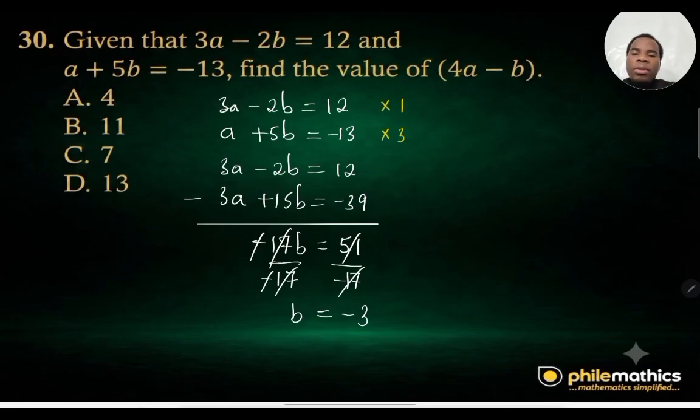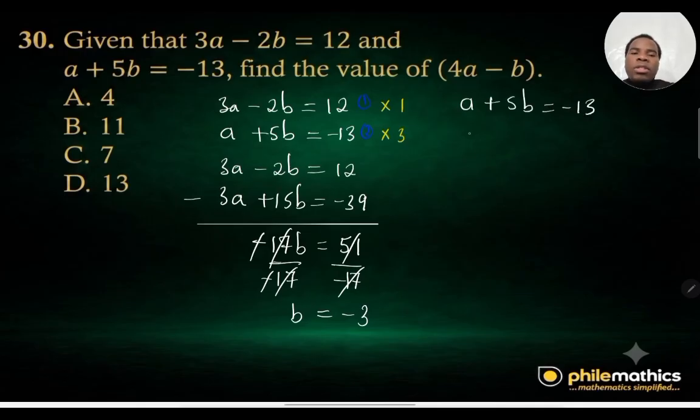We have gotten b. So if this is equation 1, this is equation 2. From equation 2, we can find what a is. a plus 5b we have as minus 13.